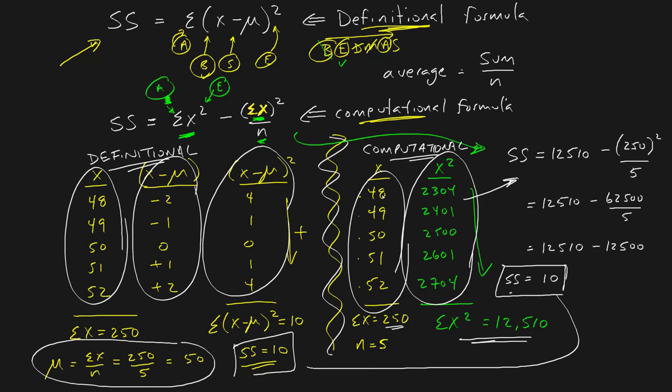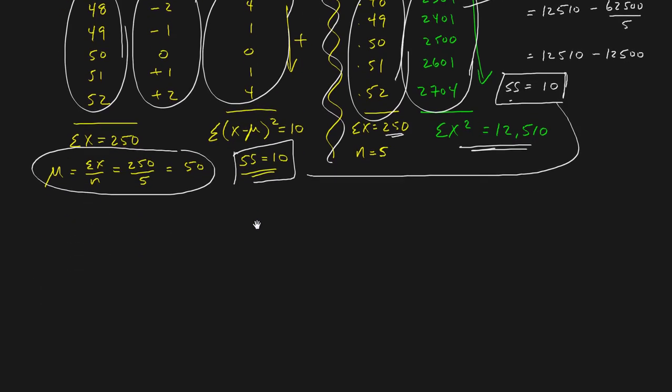We only had 5 data points though. If we had 100 data points or 1,000 data points or something like that, it would have been a lot less work to use the computational formula. So let me just put these side by side again.